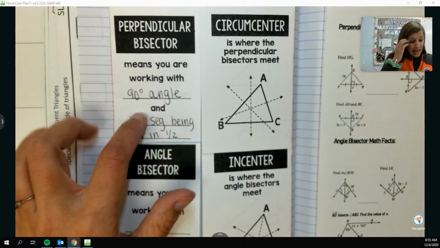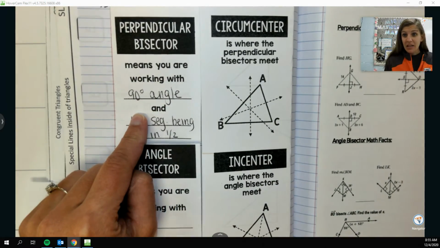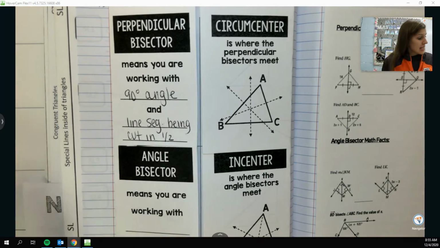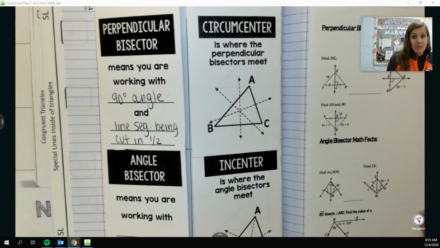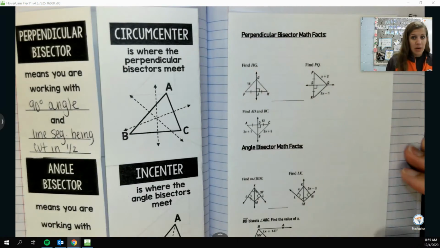Now that being said, that can get us a lot of different things depending on the type of triangle or just other things that we can use that we already know.